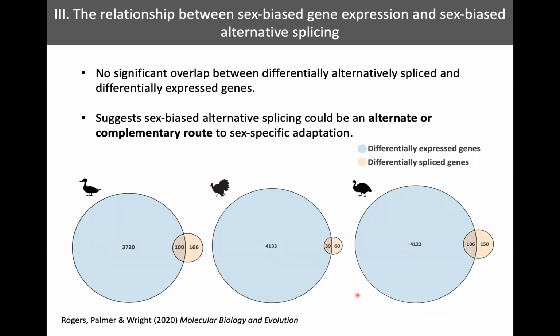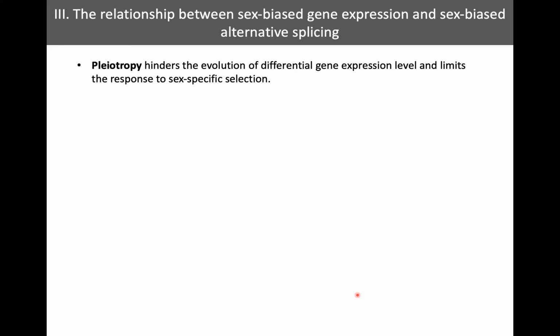And we found that there's no significant overlap between differentially alternatively spliced and differentially expressed genes in the gonad of any of the three species. So they're largely different sets of genes, which suggested to us that sex-biased alternative splicing could be an alternate or complementary route to sex-specific adaptation.